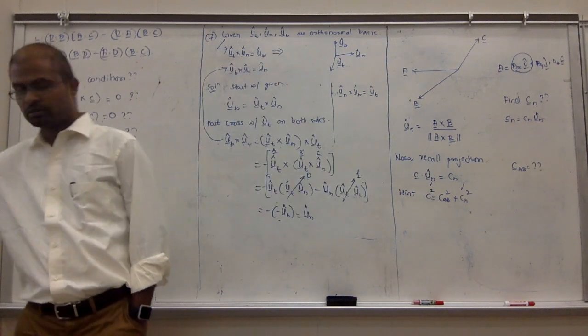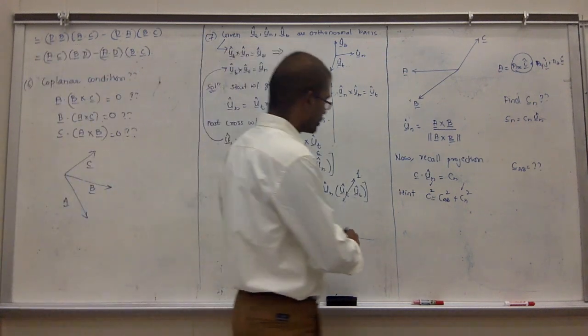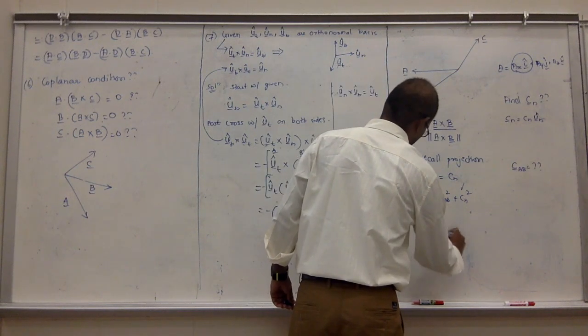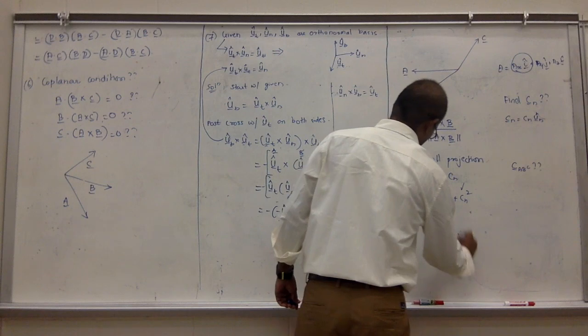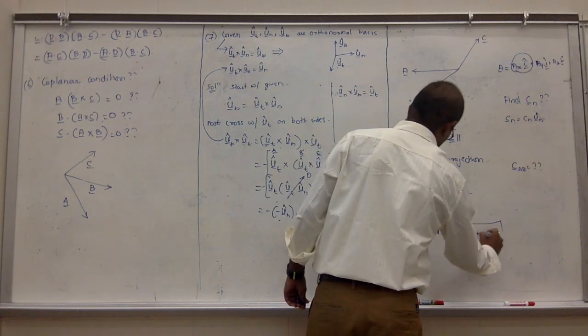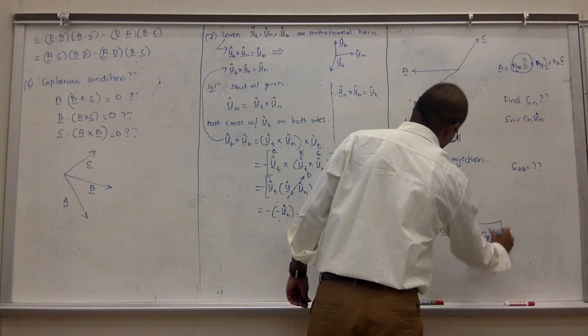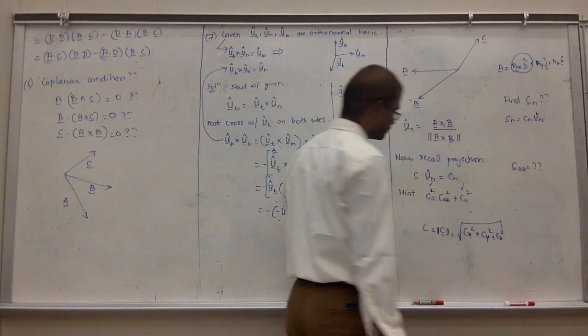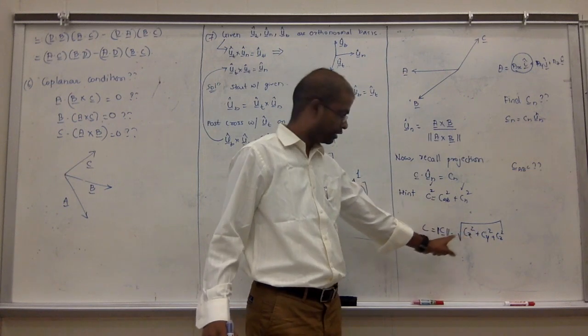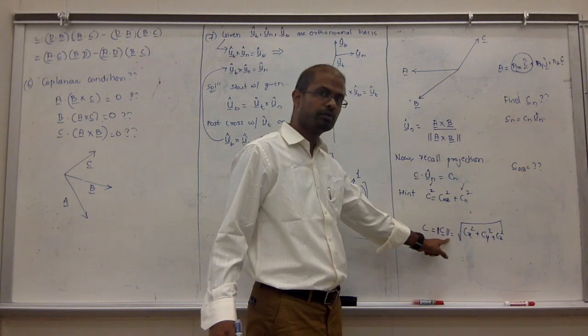If you square each component and add them together, you have Cx square plus Cy square plus Cz square, right? So C is simply the magnitude of vector C.